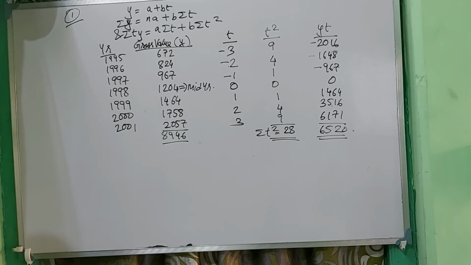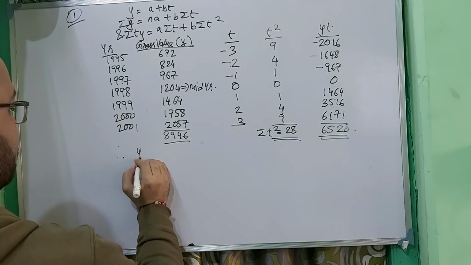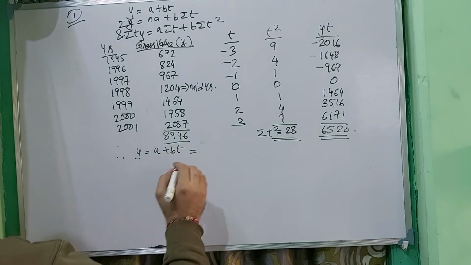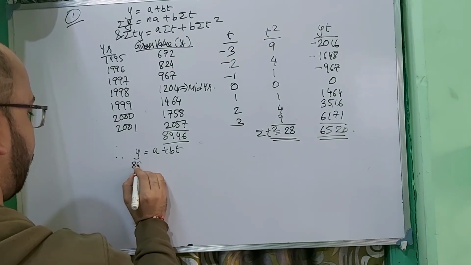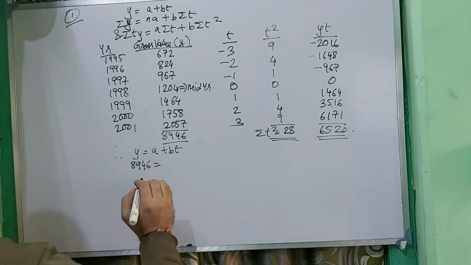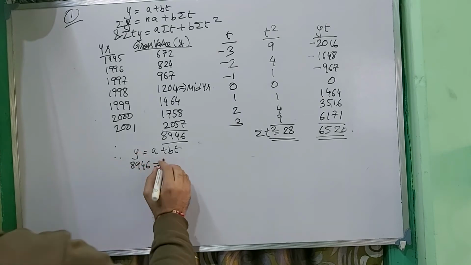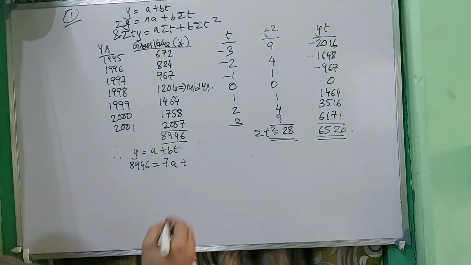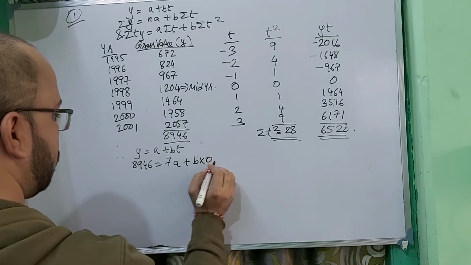Now as per the normal trend, we know from the equation that y is equal to a plus bt, as I have given you. We know that Σy is basically 8946, which is equal to 7a plus bΣt, where the number of years is 7 and Σt is 0, so b into 0.